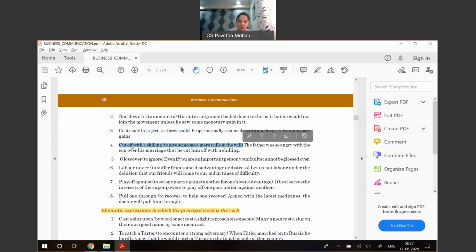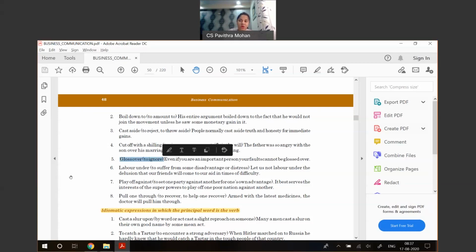So kindly go through these idioms, understand the meaning, and understand how it is used in a sentence. With respect to idioms, what's given in the textbook is more than enough. You don't require any additional things to be studied. What's given here is more than enough.